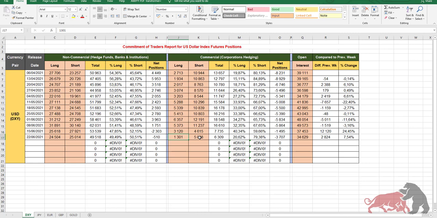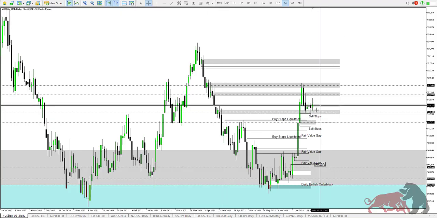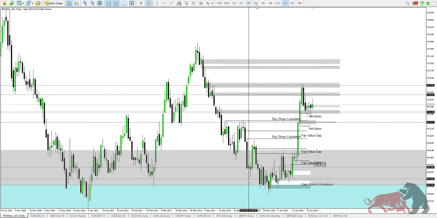These guys are not yet confident that dollar is going to drop to the downside. And open interest on dollar jumped from 37 to 34,000, and that's just a difference of about 2,800 from last week.